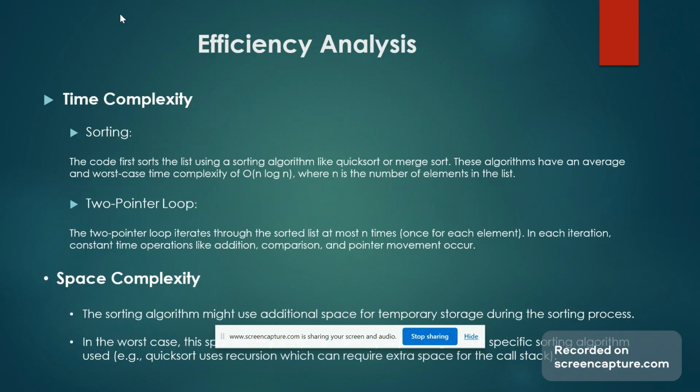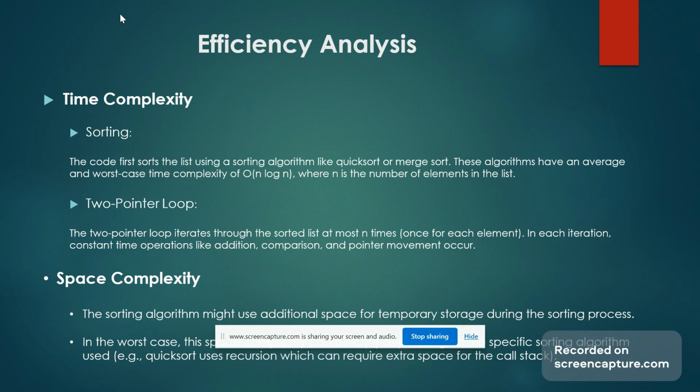When it comes to efficiency, for the time complexity, we first sort the list using a sorting algorithm like quicksort or merge sort. These algorithms have an average and worst case time complexity, and the two pointer loop iterates through the sorted list at most n times.